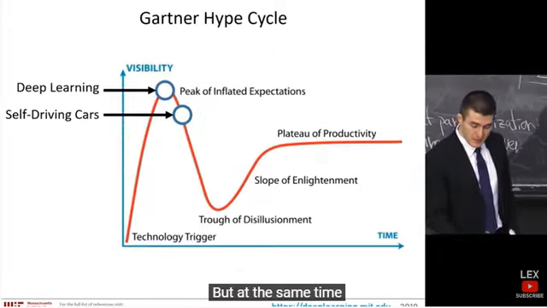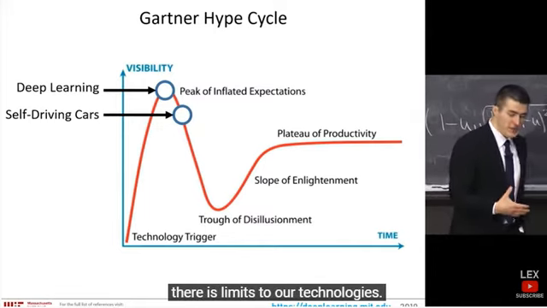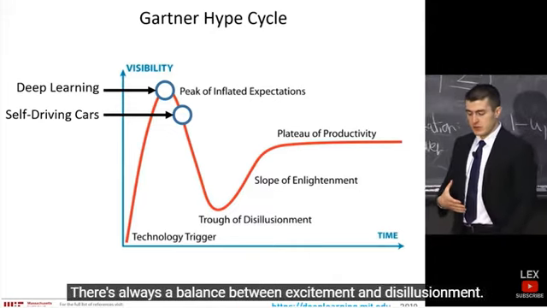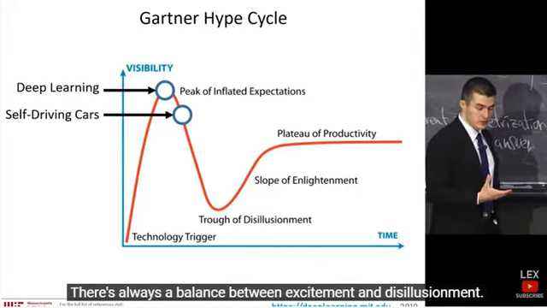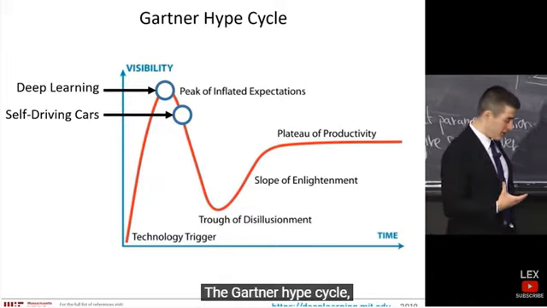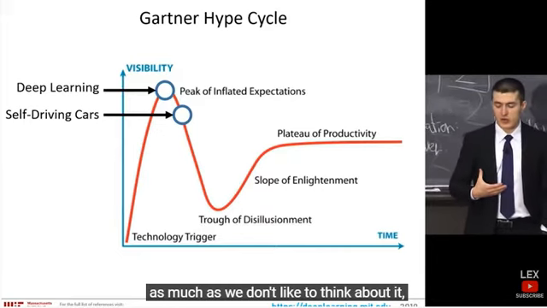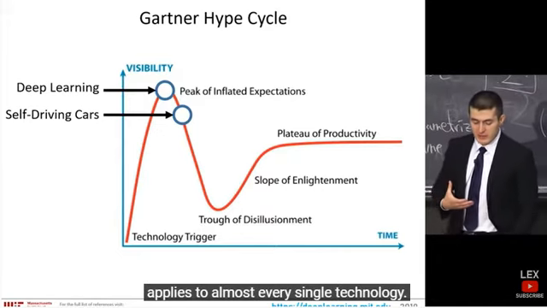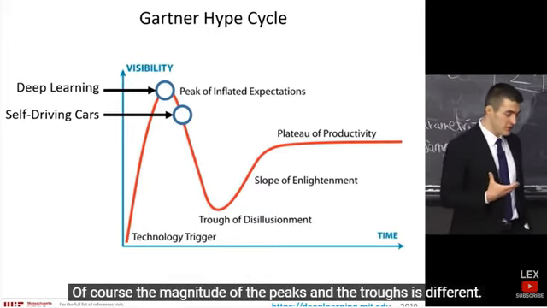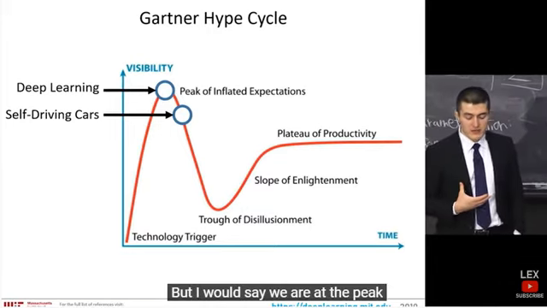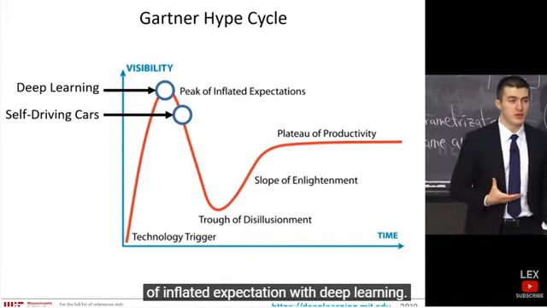But at the same time, there are limits to our technologies. There's always a balance between excitement and disillusionment. The Gartner hype cycle, as much as we don't like to think about it, applies to almost every single technology. Of course, the magnitude of the peaks and the troughs is different. But I would say we're at the peak of inflated expectation with deep learning.